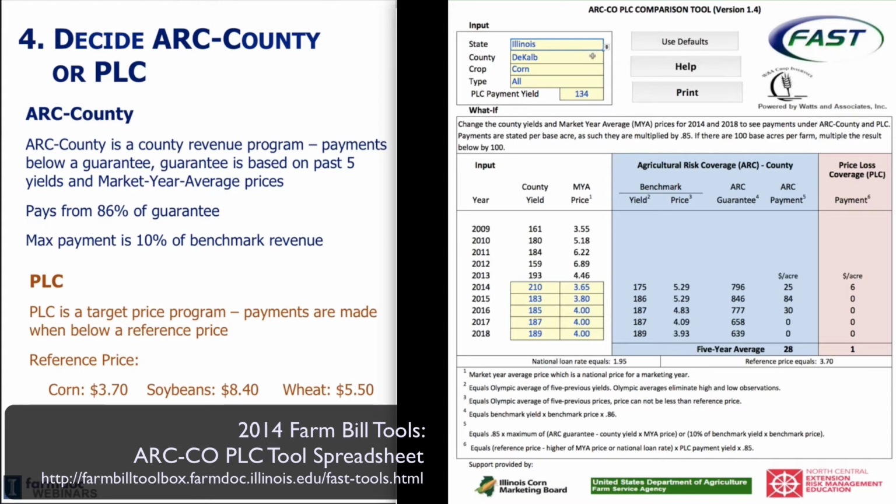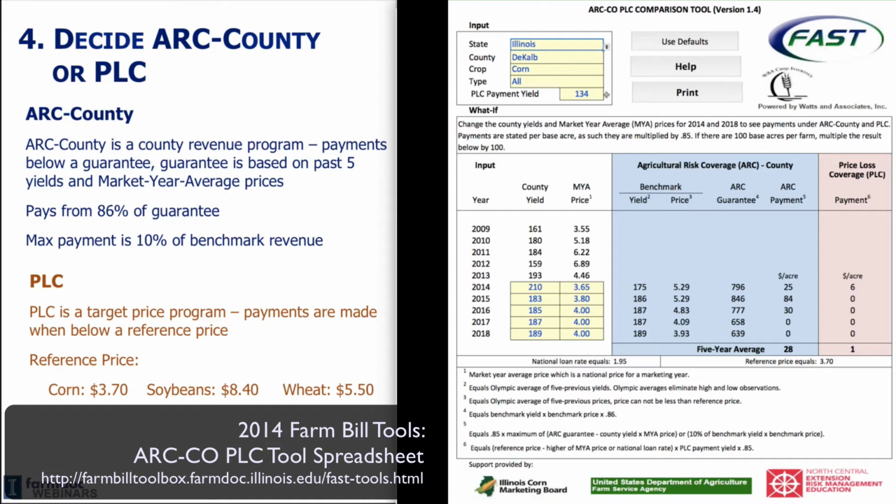You can find this. There are links on the Farm Bill Toolbox to the FAST tools. It's also on the farmdoc website, farmdoc.illinois.edu. And these are downloadable Excel spreadsheets that you download to your computer and then can run different numbers on. And so just kind of keeping track, right now what you see on the right-hand side of your screen is the FAST tool, the ARC County PLC comparison tool that we'll run through here.